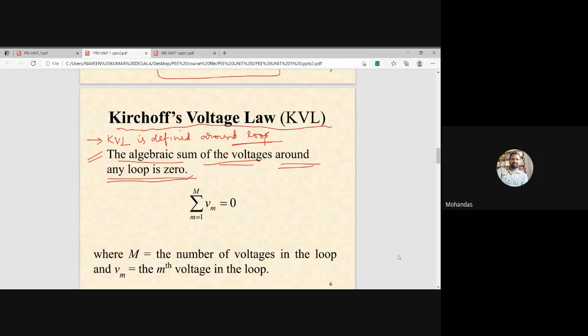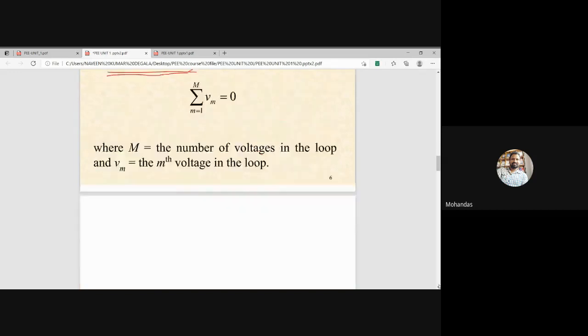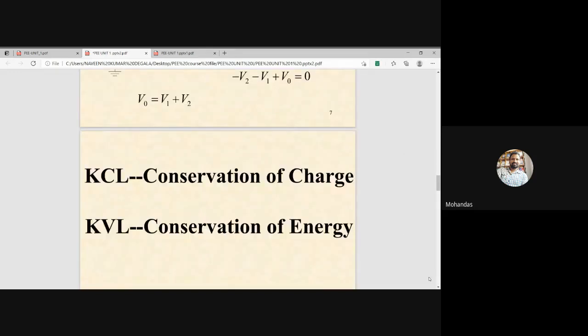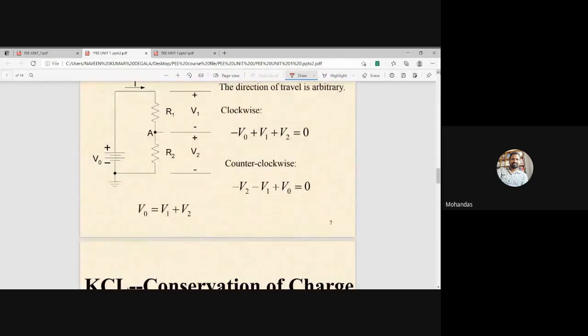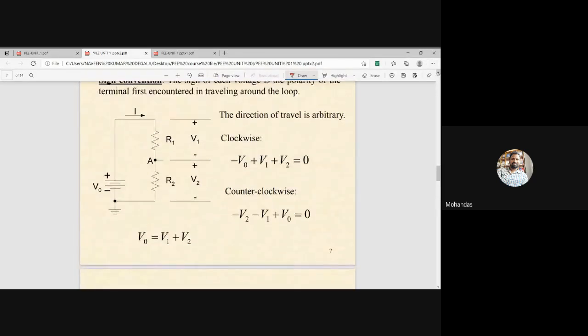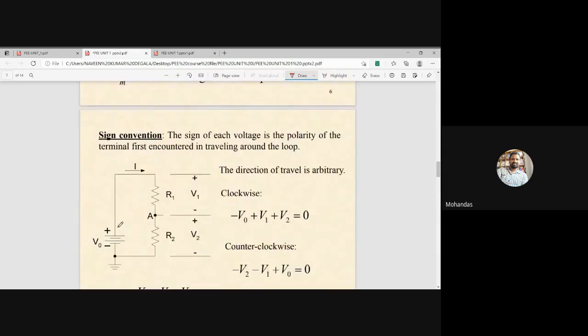To understand this, I will give one circuit so that you can easily write the KVL. Take this circuit. This is a voltage source, and we know the polarities of the voltage are plus and minus.